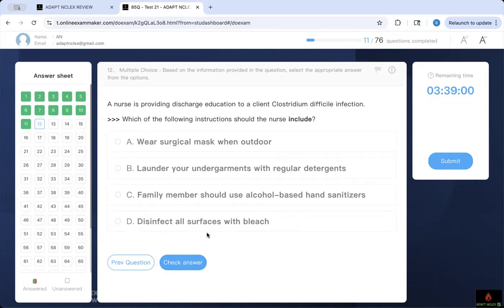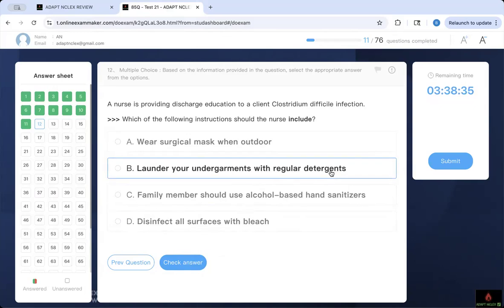It's C-diff, infection prevention, right? Infection control issue, safety issues also. What do you think? C-diff is contact. Therefore, everything has to be clean. You don't wear a surgical mask. Your garments, contact. We've got to make them clean. Detergent is not enough.